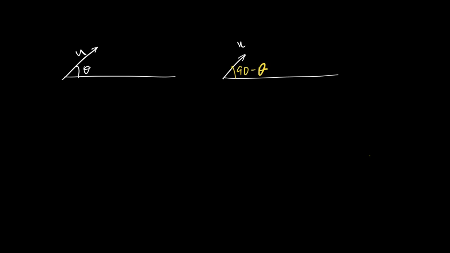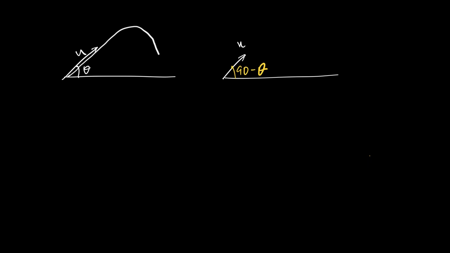So we have an object projected at an angle theta with velocity u, another object projected with velocity u at an angle 90 minus theta. Diagrammatically it doesn't make sense, sorry for that.